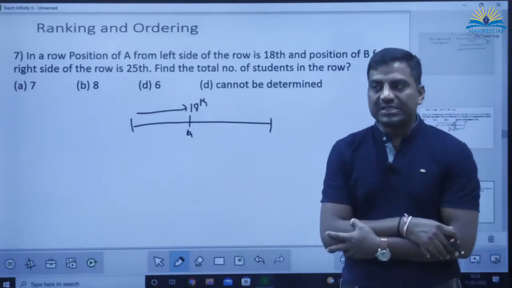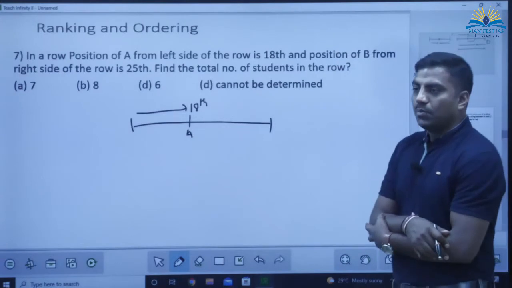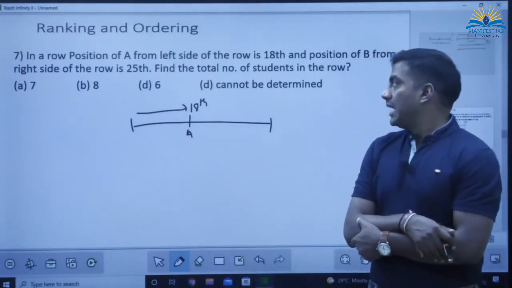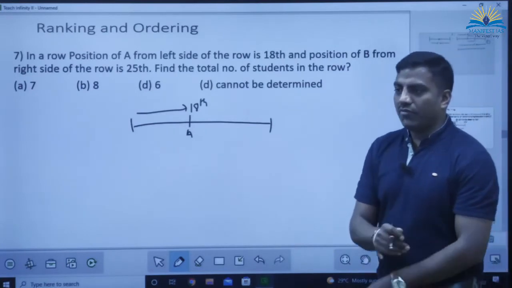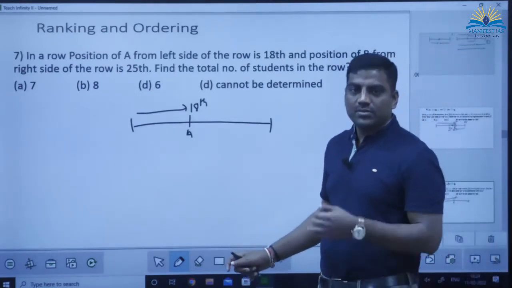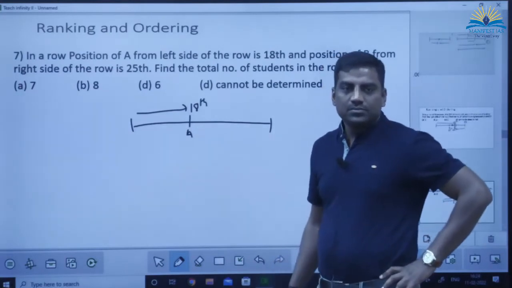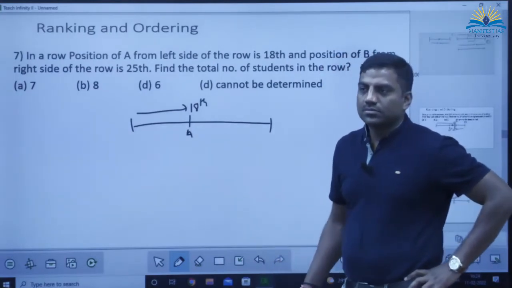The position of A from left is given, that is 18th. The position of B from right is 25th. Where should I make B sit?